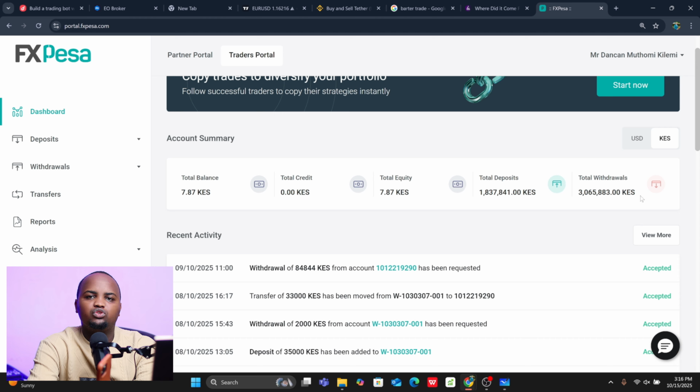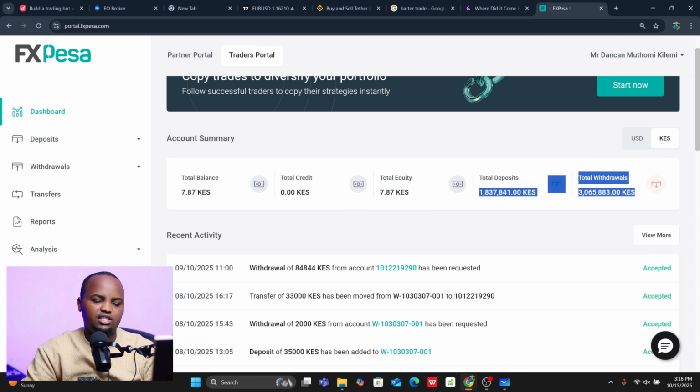That is 1.228 million. So with this account only, I managed to make 1.228 million profit just trading. You can just withdraw it. I just made that withdrawal, and you can see the difference.